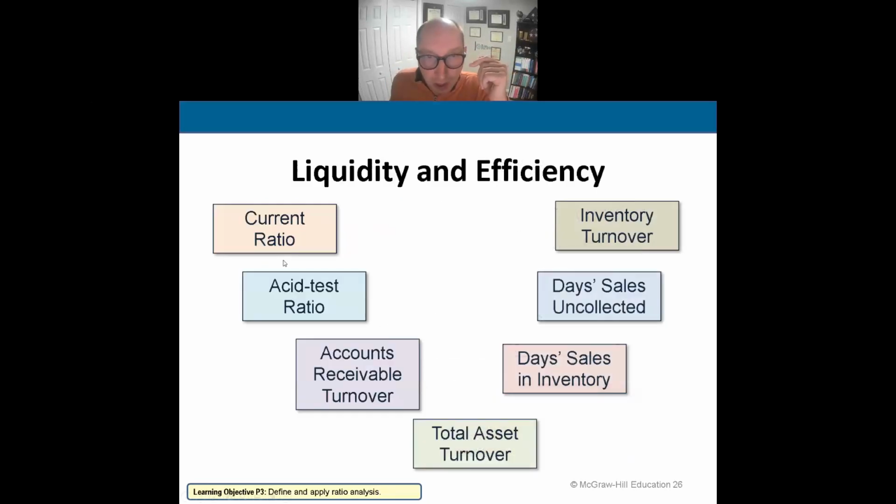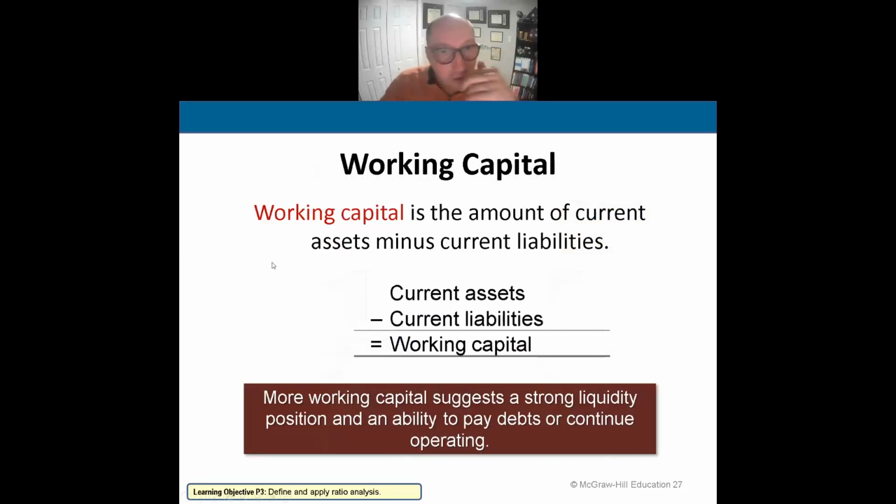We also use, for liquidity, a ratio called working capital. Working capital is really important for all businesses. What this does is it tells me the amount of cash I have available to use in operations.